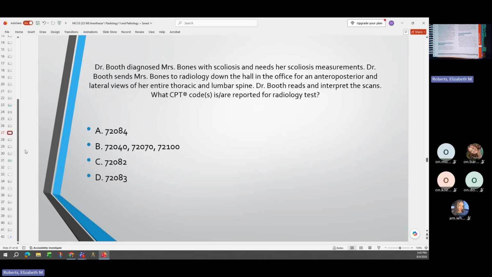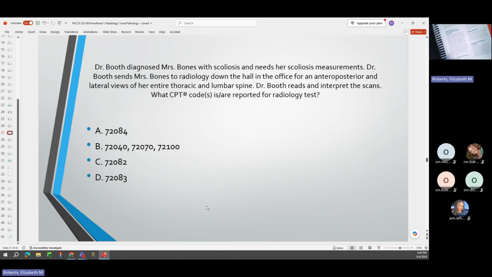Lab. Okay, so our little trick isn't really going to work too well for this one, right? We have 72084. If we look at these options, there's 72040, 72070, 72100. Goodness gracious, three codes. 082 or 083.